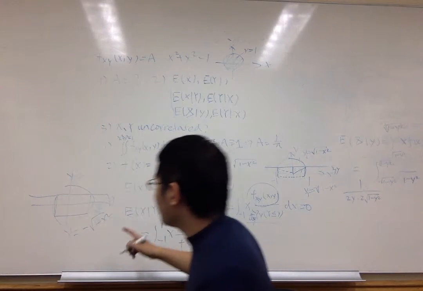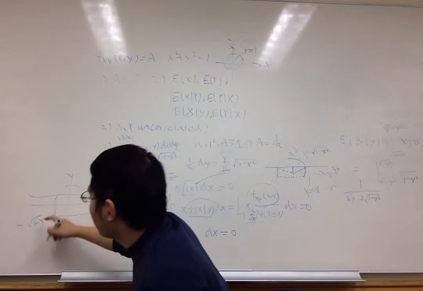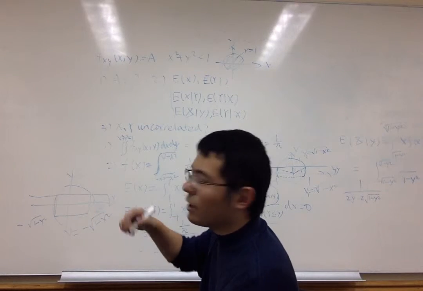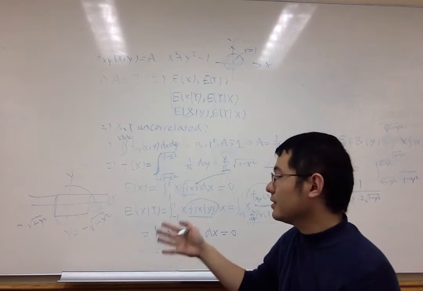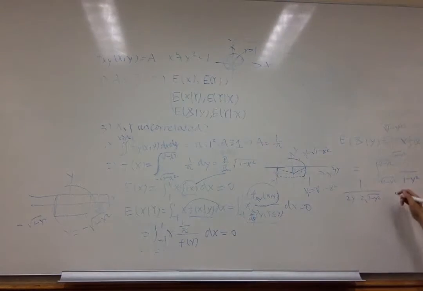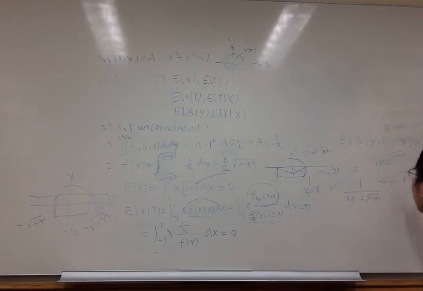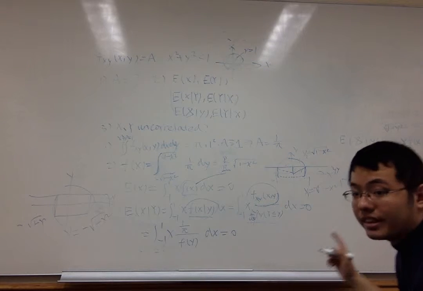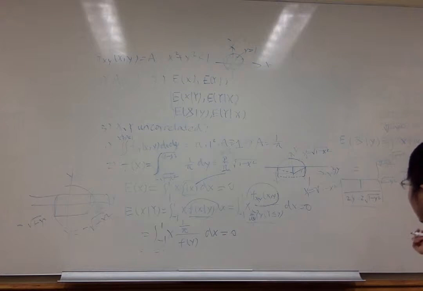Now it's just a rectangle from minus square root of 1 minus y squared to the positive one, something like that. However, when we write the form of the function, we only need to know it still has nothing to do with x itself, so it could be treated as a constant with respect to x.